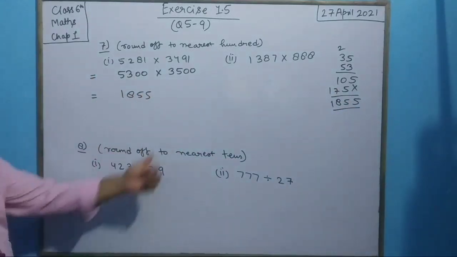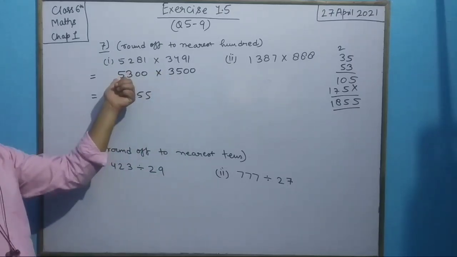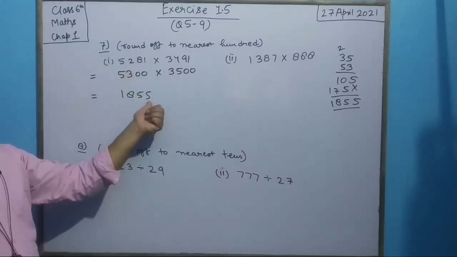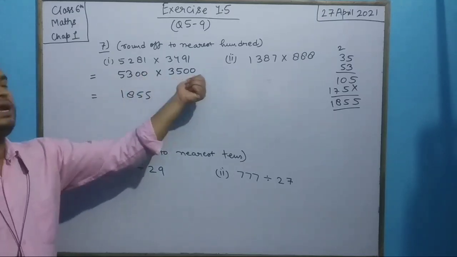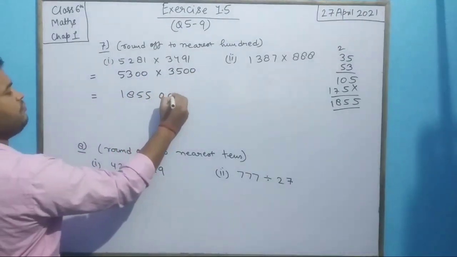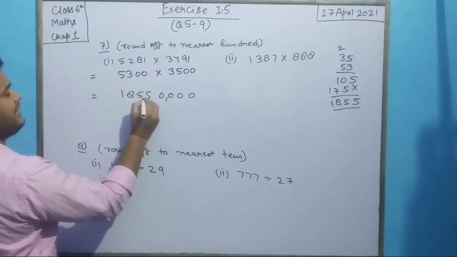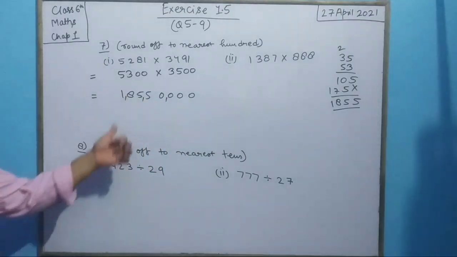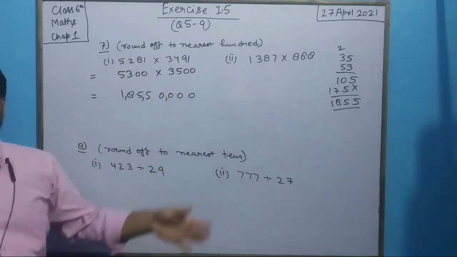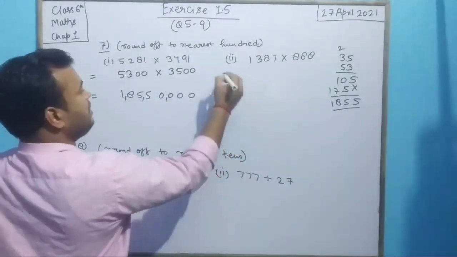It is 1855. I have multiplied 35 with 53. Now how many zeros? 1, 2, 3 and 4. So we will read it as 1,85,50,000.